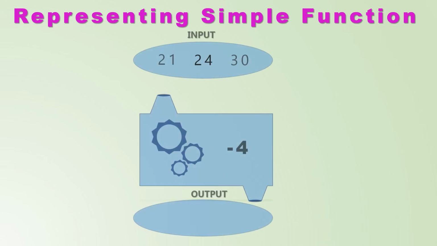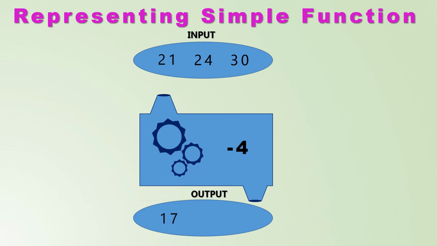Our input set of numbers is 21, 24, and 30, and the function is subtraction of 4. So if we apply the function to the first number 21, then 21 minus 4 gives 17.